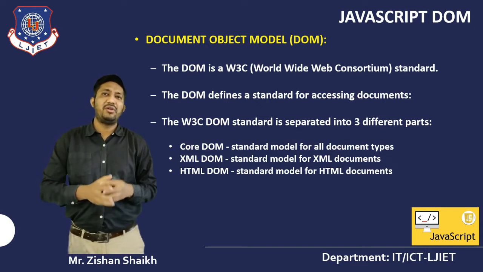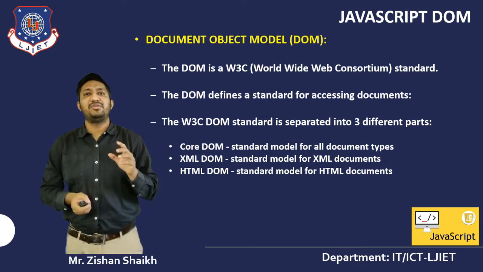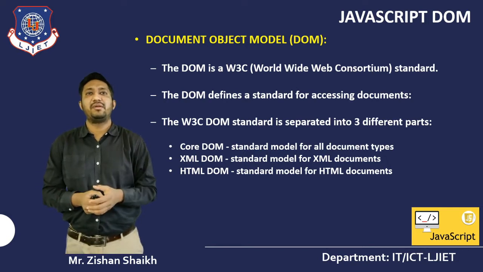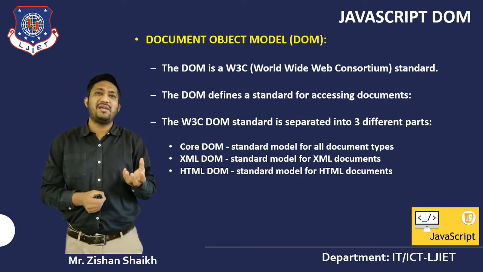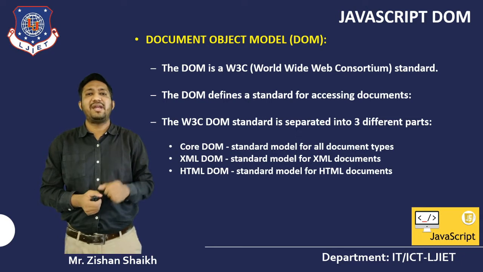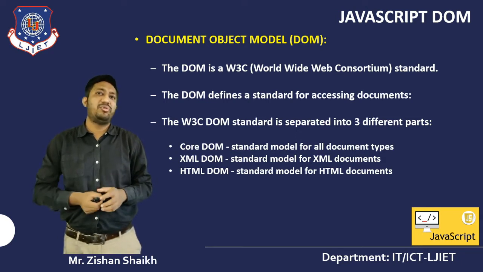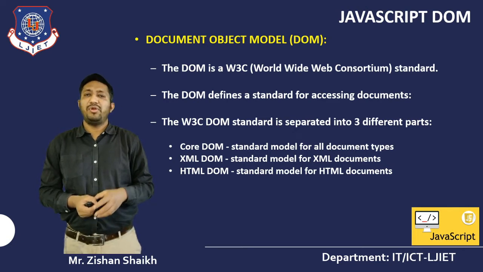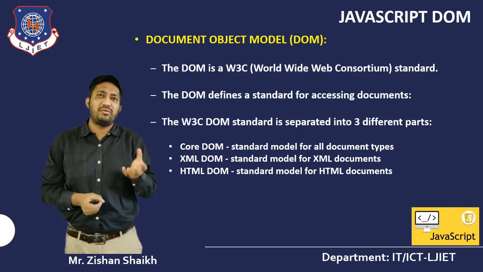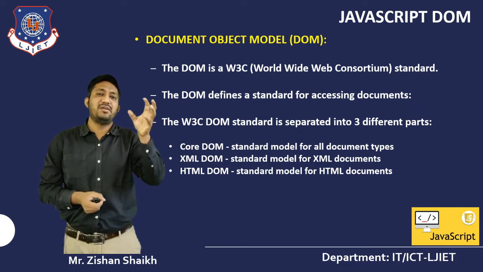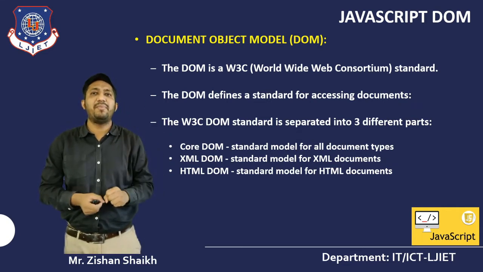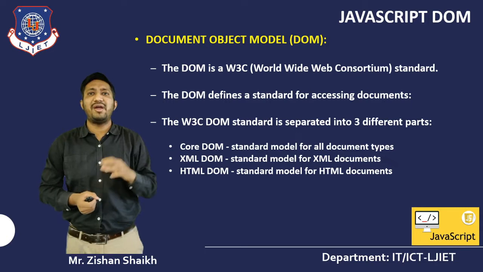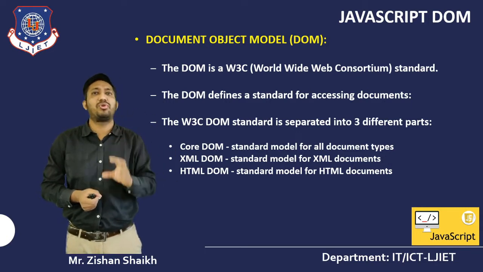So why is the Document Object Model used here? The DOM is one common standard provided by the W3C, the World Wide Web Consortium. It provides a way of accessing documents from the web. What are the ways to access those documents?